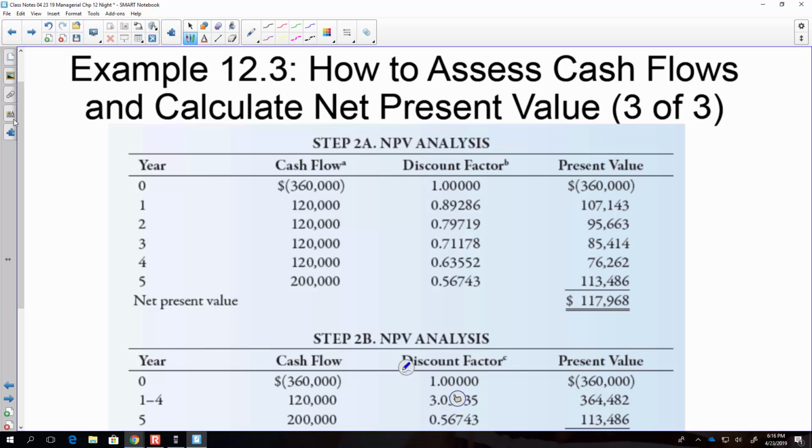You'll notice here, there's a middle column, discount factor. From the tables on page 670, let's go to the 12% column.